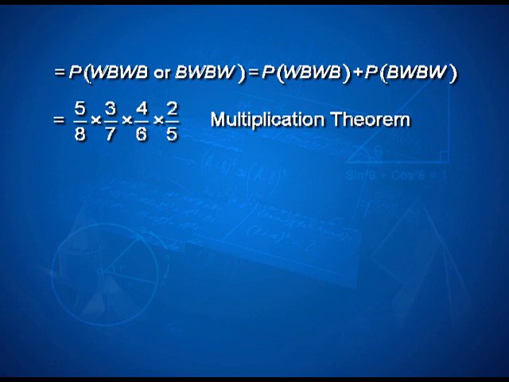So, the total possible outcomes remain now 7, and therefore, the probability of the second ball being black is 3 by 7. Third ball being a white ball, probability will become 4 by 6, because one white has gone and one is less from the total, into 2 by 5, remaining balls are 5 and there are only 2 black balls left.